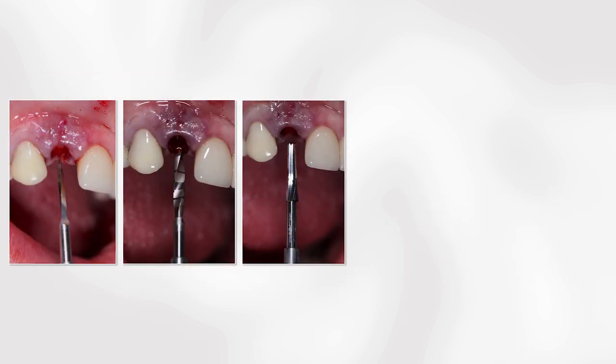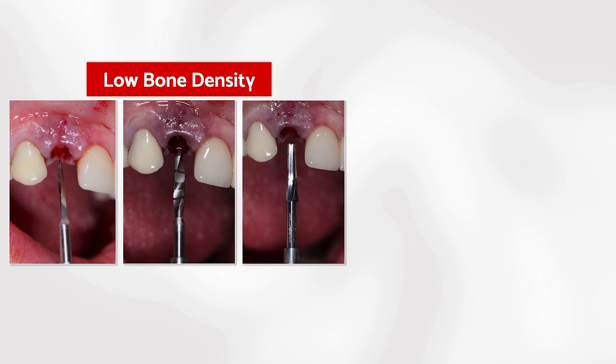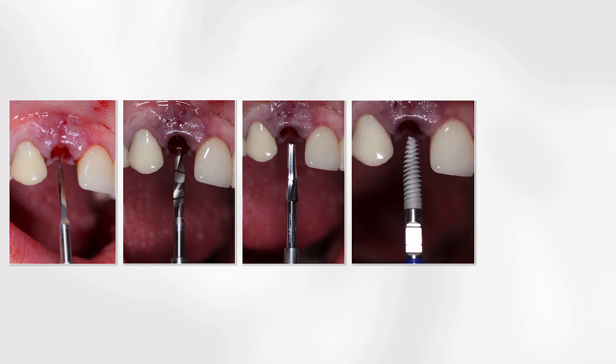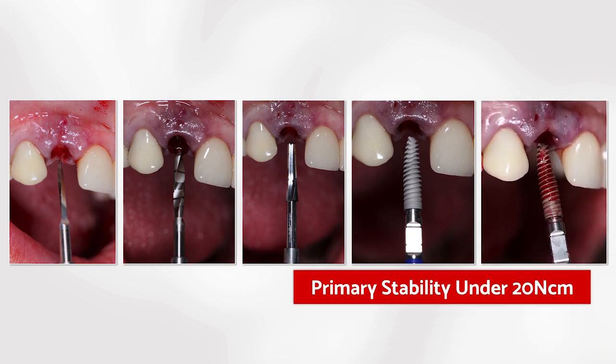The site preparation was performed according to the manufacturer's instructions. And we knew that we were facing low bone density. So we tried to insert the implant, we tried to stabilize the implant after site preparation, but we did not succeed. The primary stabilization was under 20 Newton centimeters.